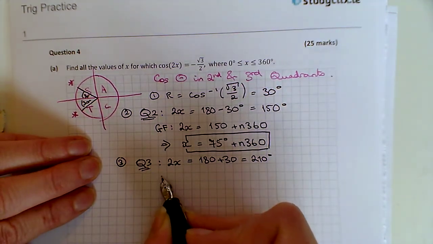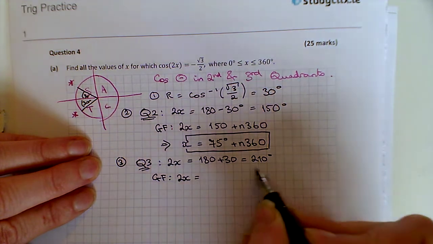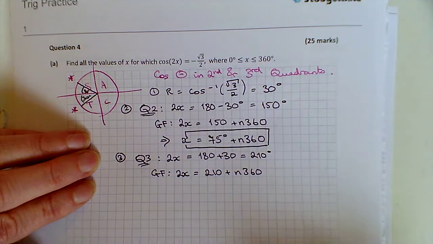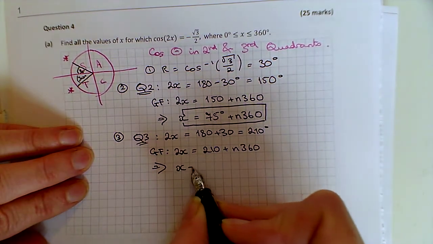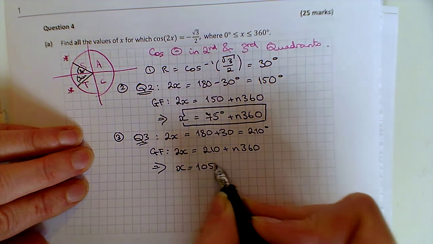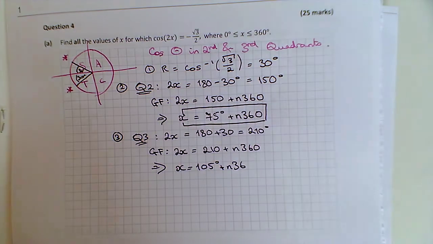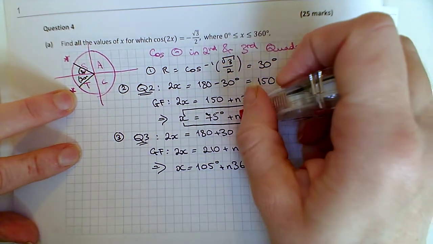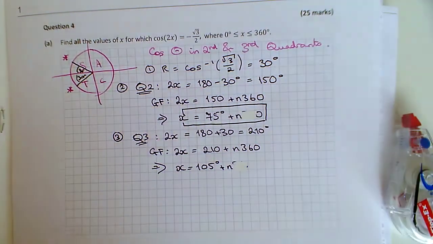I write down my general form, which is that 2x is equal to 210 plus any number of circles, n times 360. And finally, I divide by 2, so x will be 105 plus n times, I made a mistake there, I have to divide the 360 as well, of course, to get 180.